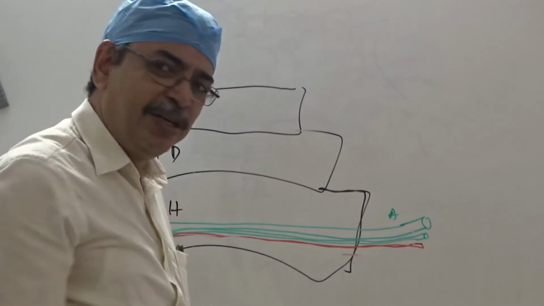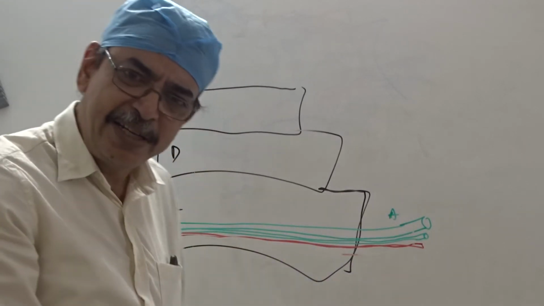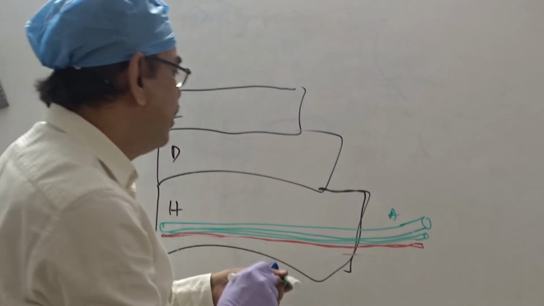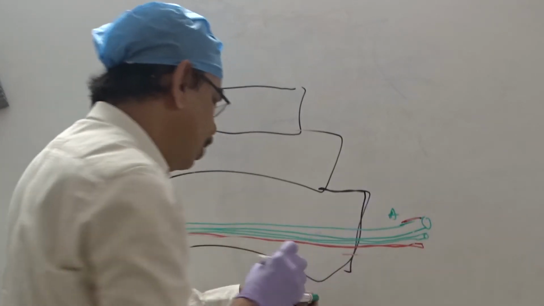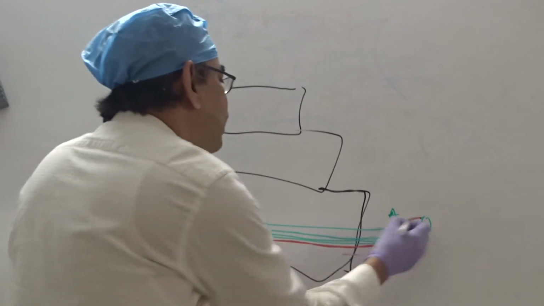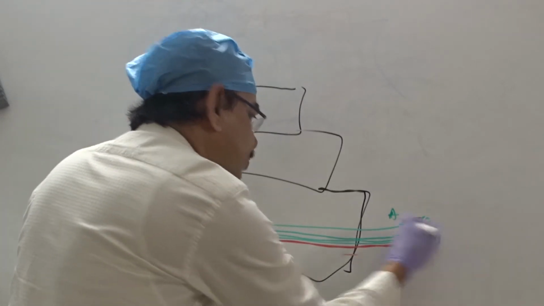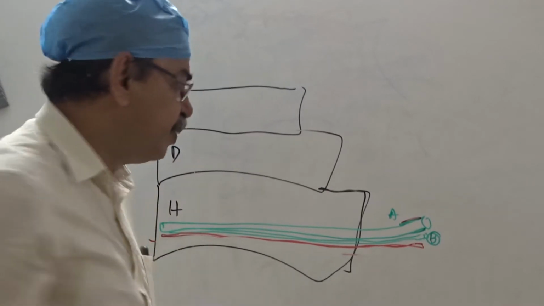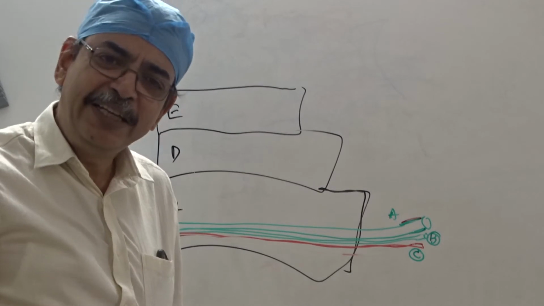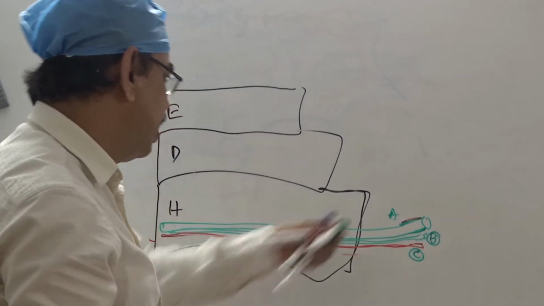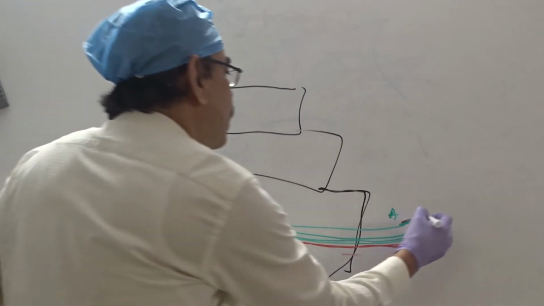The myelin acts as insulator. Then it is B, the medium sized nerve fibers, and finally it is C, which is thin unmyelinated nerve fibers. A fibers are again divided into four categories.